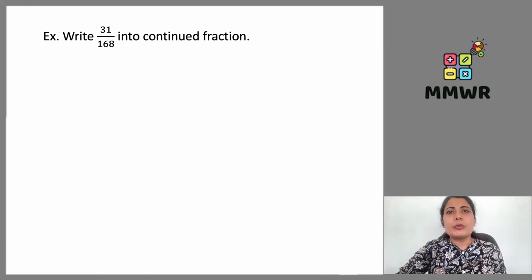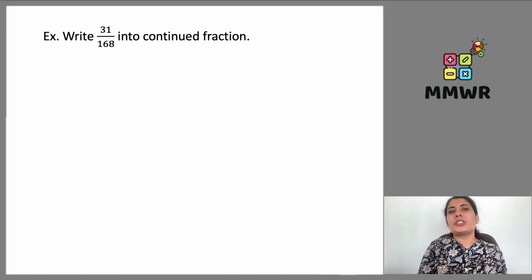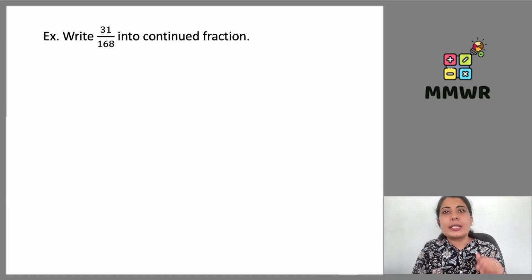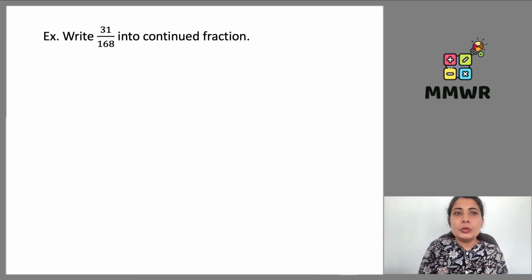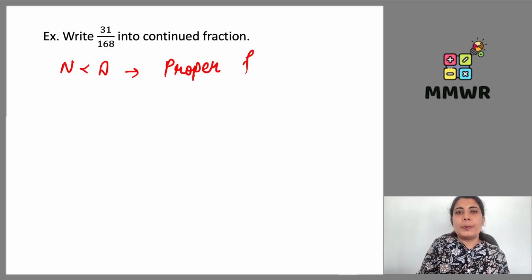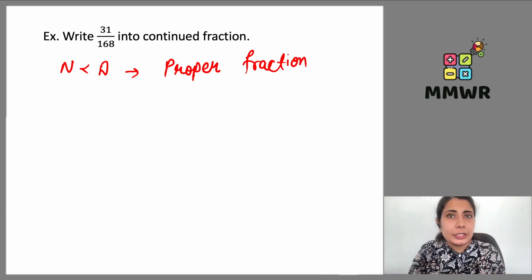So what we have to do here is look at what type of fraction we have. First we check: 31 is lesser than 168. 31 is smaller than 168. That means the numerator is less than the denominator, so it is a proper fraction. We can't write directly from this.